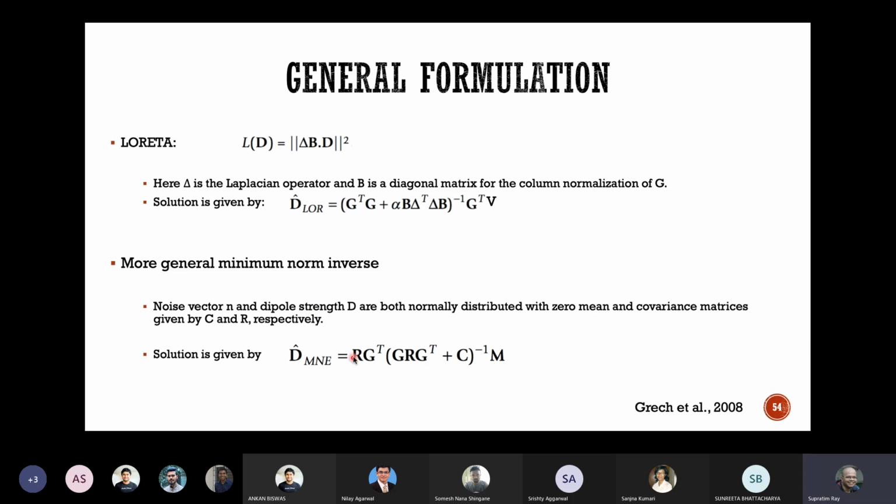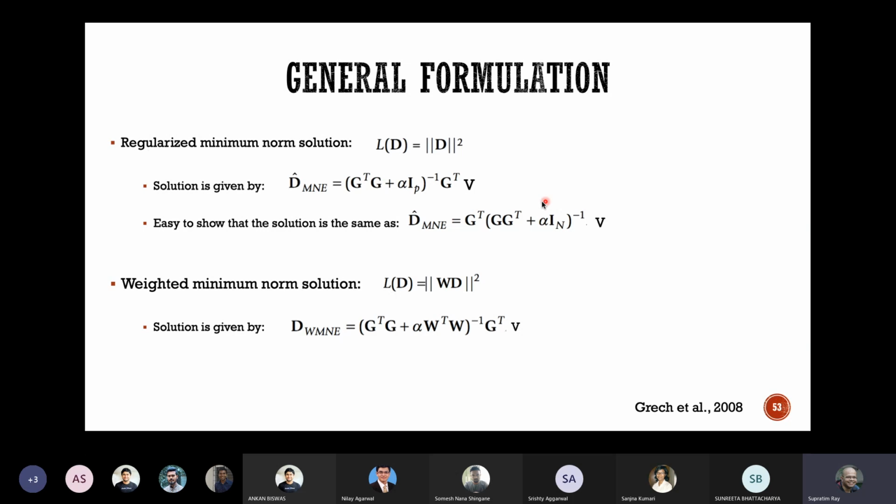Notice that when R and C are both identity matrices, which is when the variances are the same and covariance is 0, this would reduce to this one.